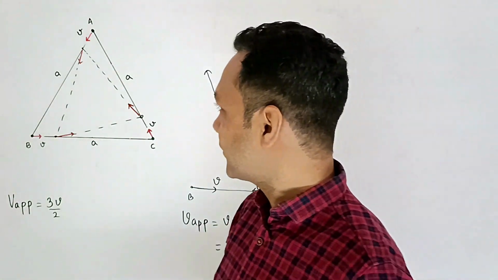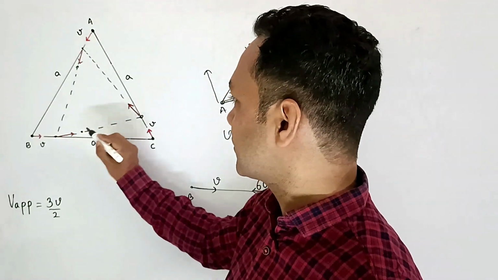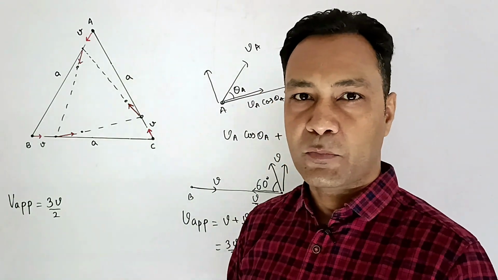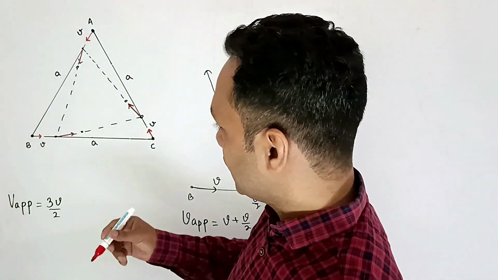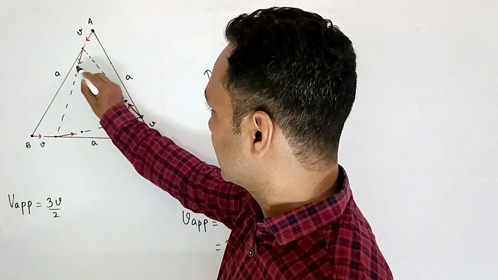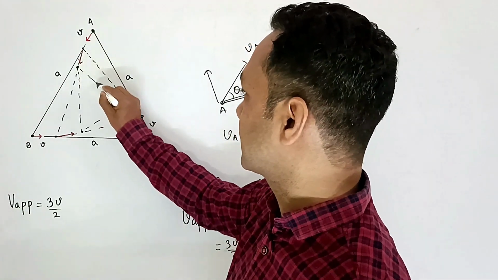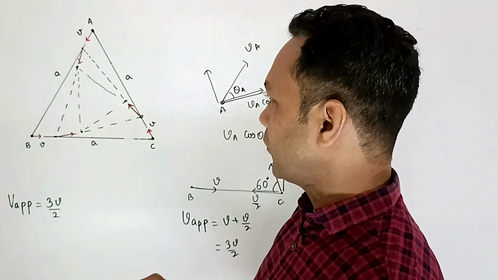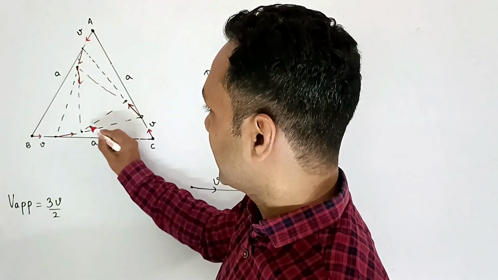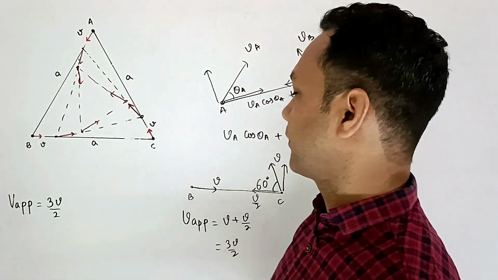Same way, after a little later, A reaches here, B reaches here, C reaches here. They are continuously updating their direction. So now the triangle joining them would be like this, and the directions would be like this.